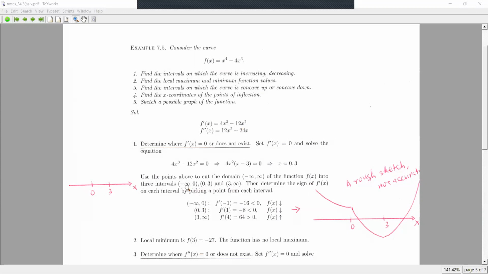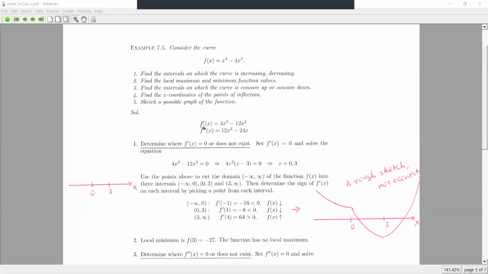To determine whether the first derivative is positive or negative on each of these 3 intervals, I arbitrarily pick a point, say -1, from the first interval, and evaluate the first derivative at -1. That means plug in -1 for x here.